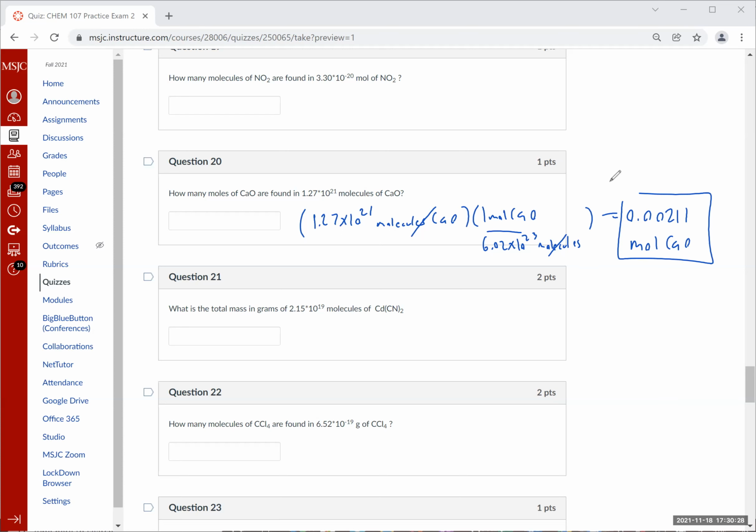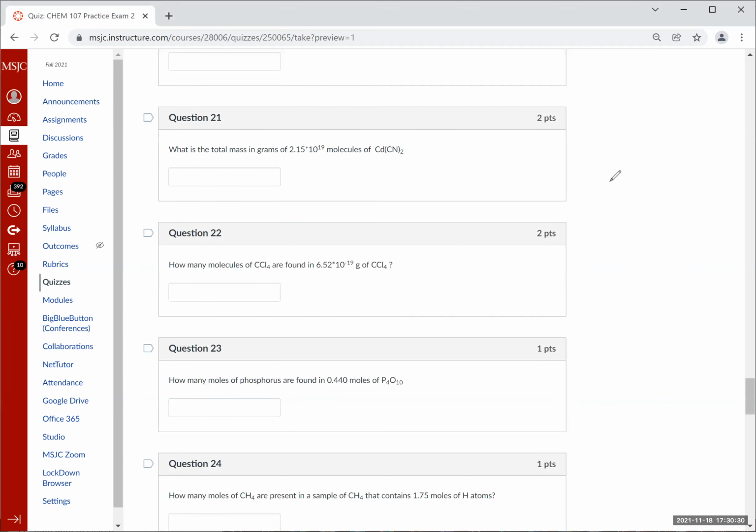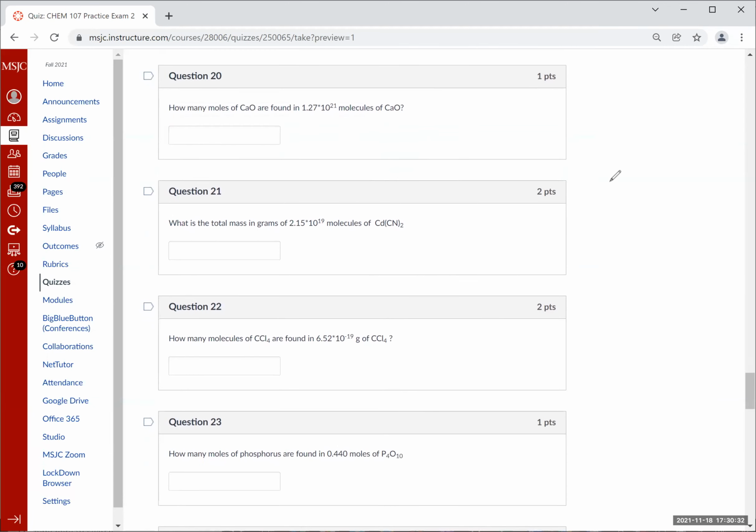Okay, let's look at another problem. So in this case, we're asked to calculate the mass in grams of 2.15 times 10 to the 19th molecules of cadmium cyanide. So in this case, we're trying to go from molecules to moles to grams.